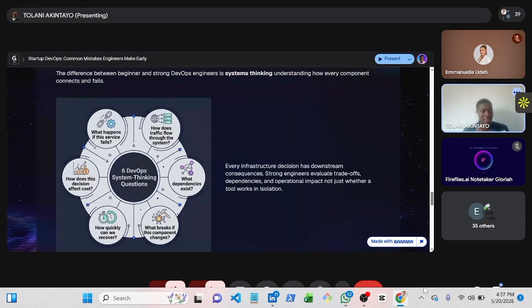So another thing is, how does a decision affect cost? Sorry. I've said it earlier, cost is a very important part, right? You've done your research to see that this service takes, let's say, the range of this cost to this cost per month.